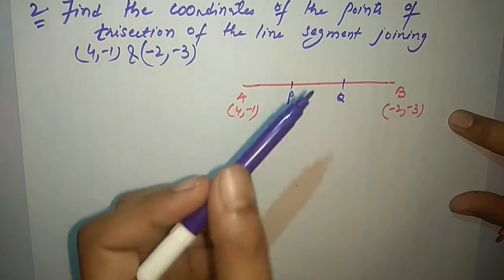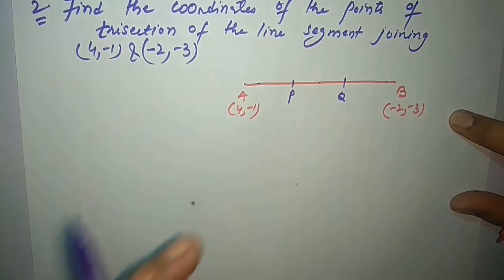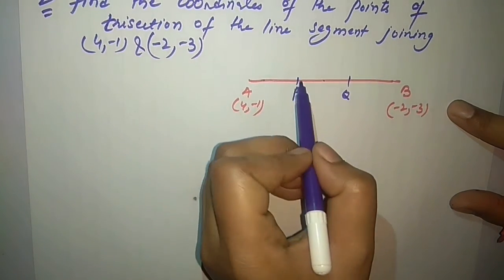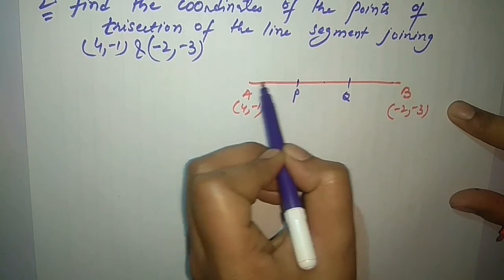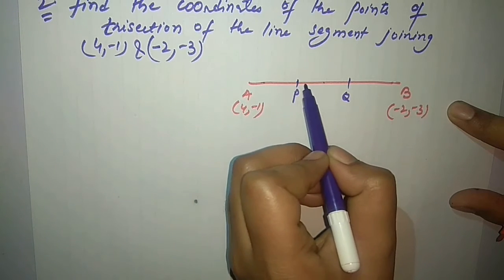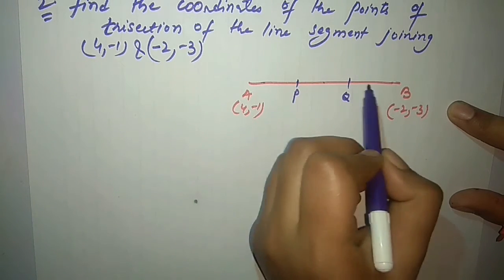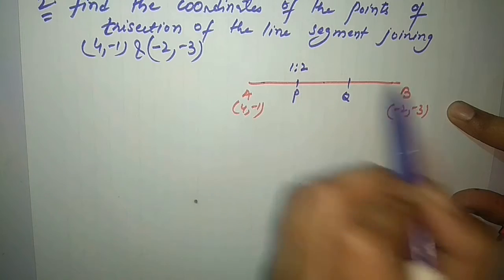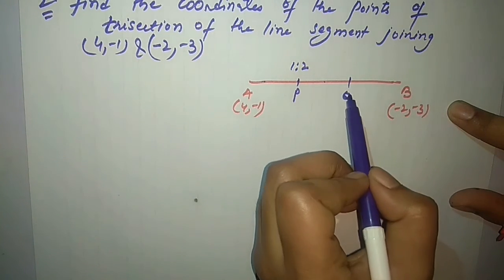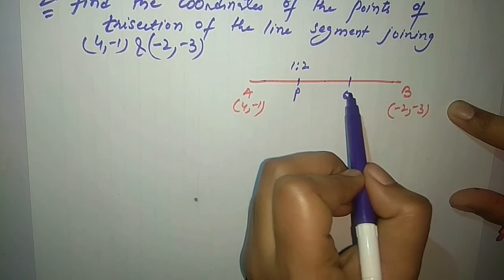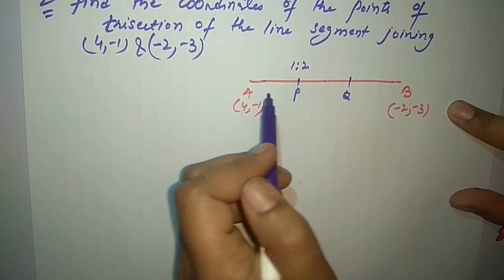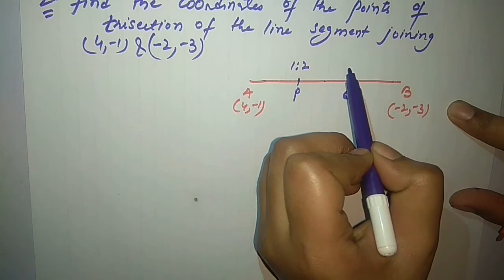Trisection means 3 equal parts. So for P, there is 1 part before it and 2 parts after it. The ratio is 1:2. For Q, there are 2 parts before Q and 1 part after Q. So the ratio is 2:1.